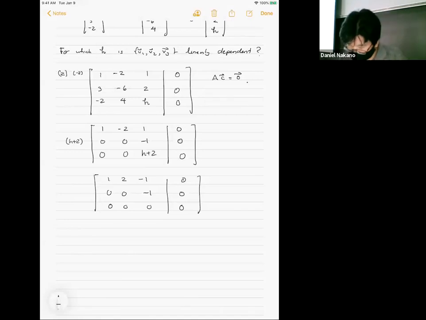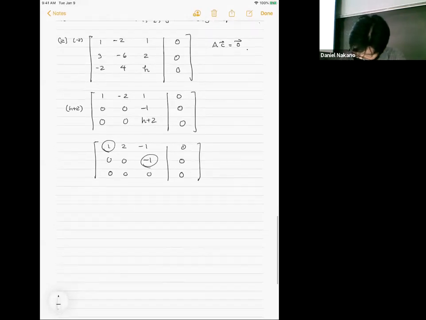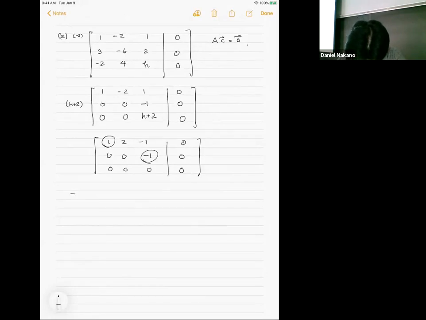All right, so as you can see, the pivots are here and here. And so I have a free variable. So I'm going to have non-trivial solutions. Namely, let c2 equal t.